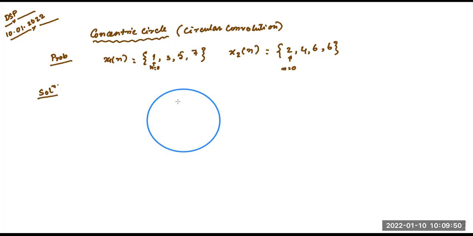Next, this is the second circle. So in the concentric circle method, there are 2 circles for solving the circular convolution, one outer circle and one inner circle.